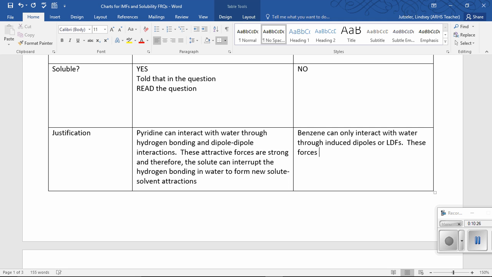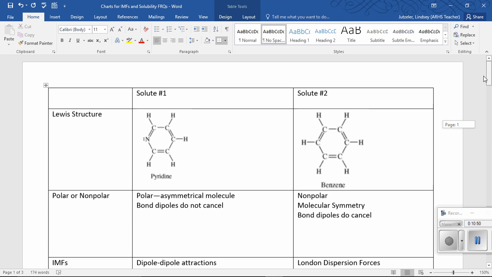These forces are not strong enough to disrupt the hydrogen bonding in water. Therefore, benzene is not soluble in water. And there is the answer to the first part of the question.